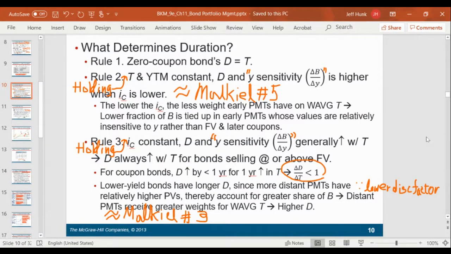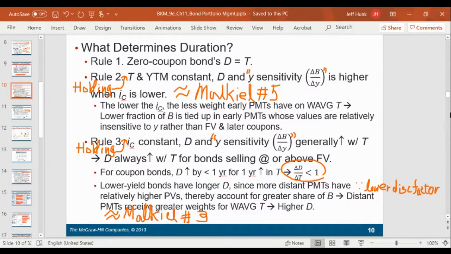And it is quite obvious, because low coupon bonds, even if maturity and discount rates are held constant, obviously have less contribution to the present value of the bond, right?